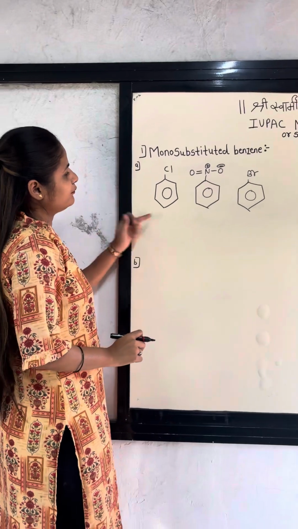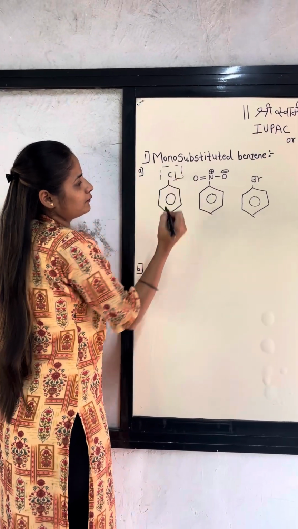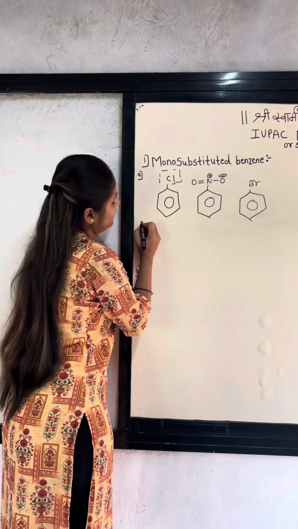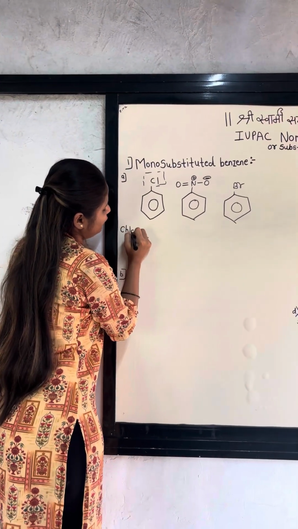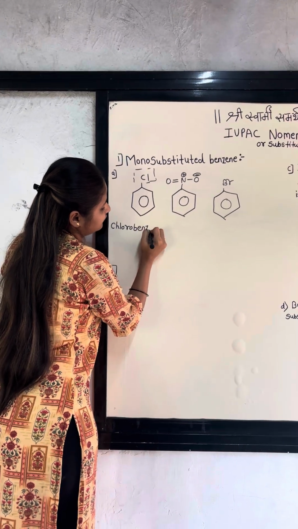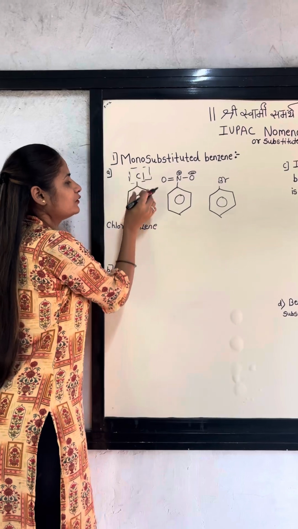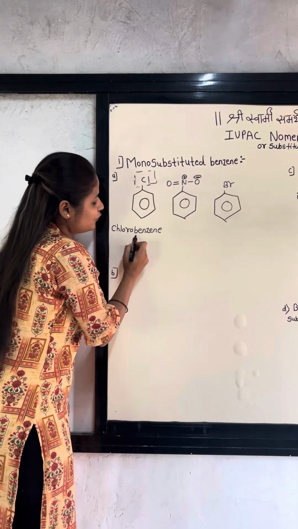So in the first benzene ring, the substituent is the chlorine atom, right? So we have to label it as chlorobenzene. Okay. So this is the substituent on a benzene ring, which is followed by the benzene.